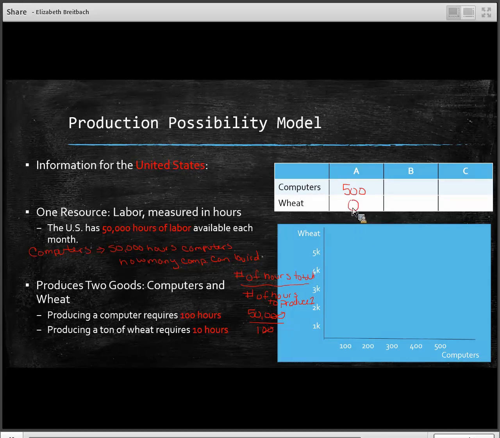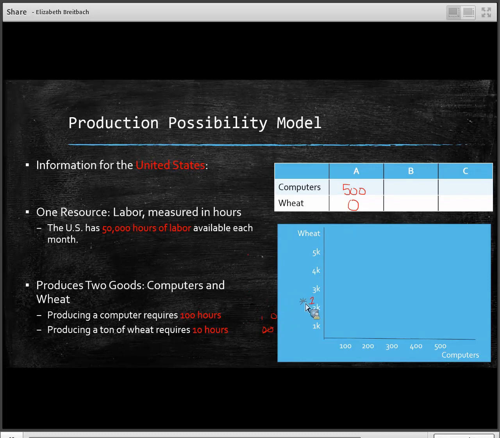That's 50,000 total hours divided by the amount of time it takes to produce one computer, and I produce 500 computers. There's no time left to produce wheat, and so I produce no wheat.